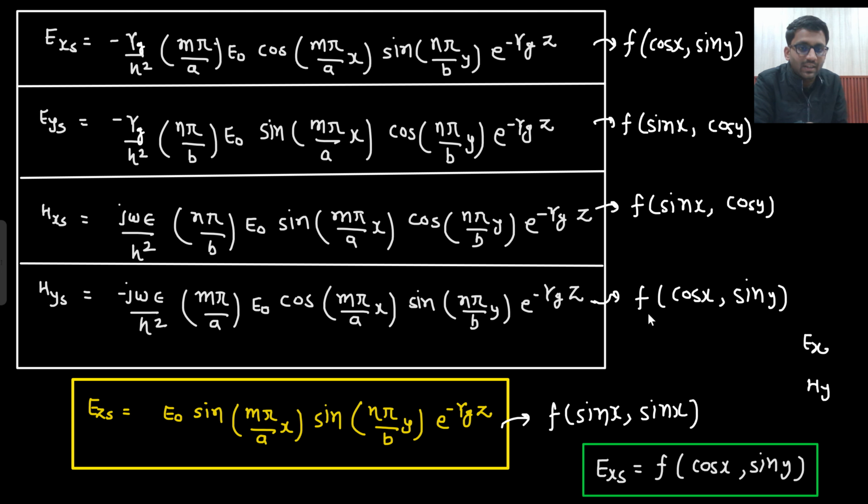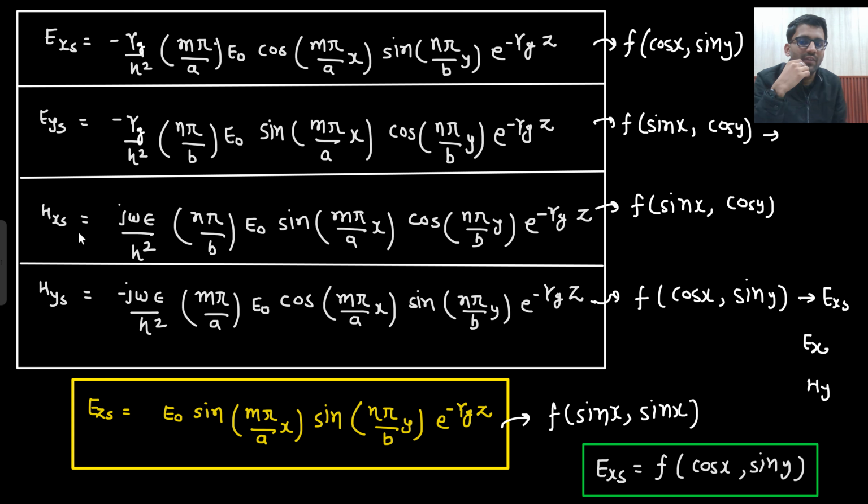So EX and HY are brothers. If this is cos x sin y, then certainly it is EXS. If you remember cos x sin y, then EY will be the opposite of that. If this is cos x sin y, then you will be able to write EY, that will be sin x cos y.